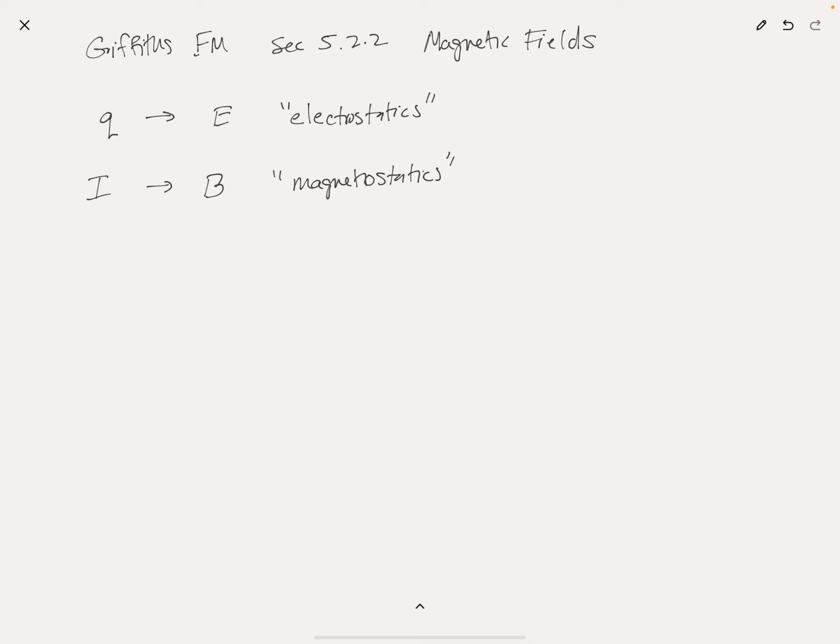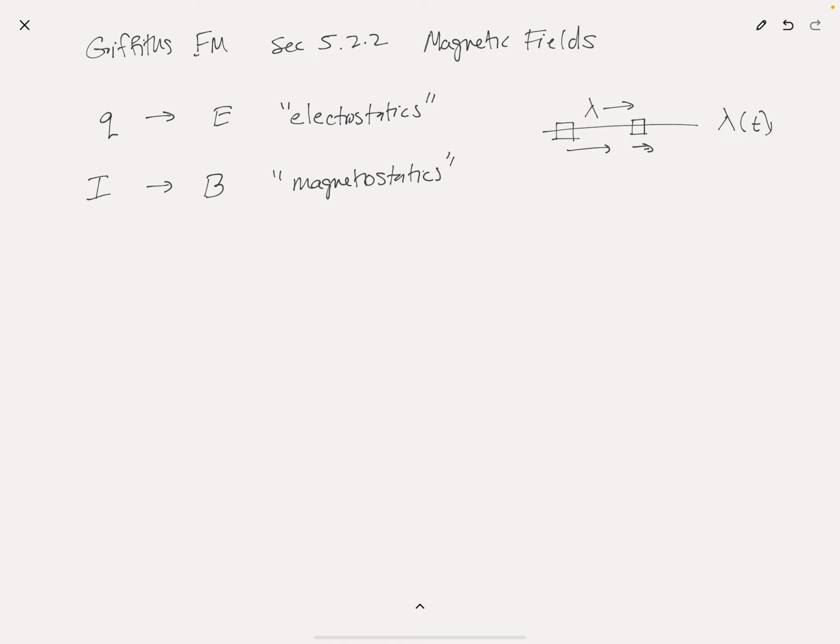Okay. Just a reminder, a steady current is a current. Remember, a current is really just some charge distribution that's moving. Right? And if different pieces of that charge distribution are moving with different speeds, then you're going to have a current or a charge distribution that is changing with time and in space as well.